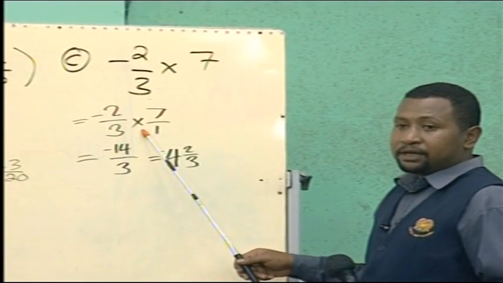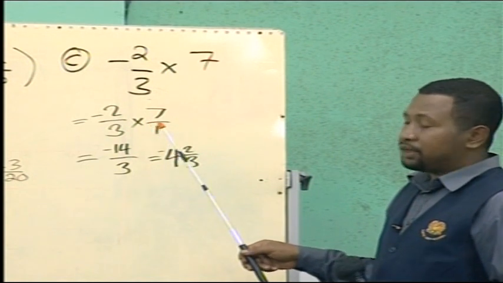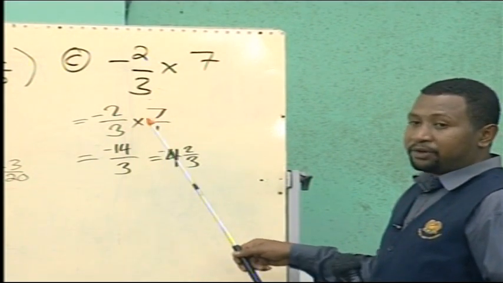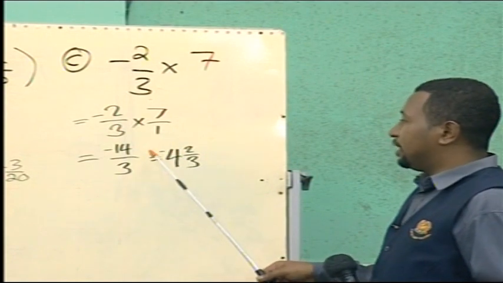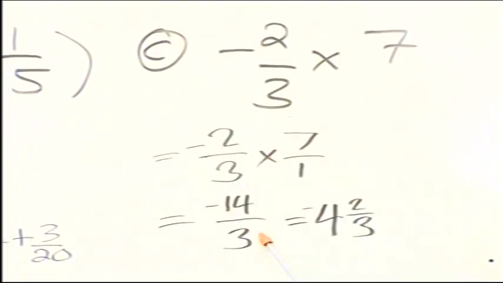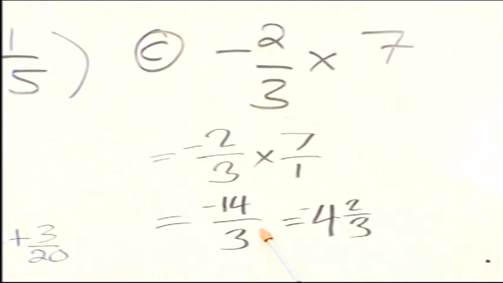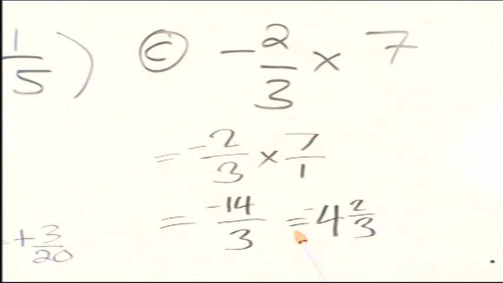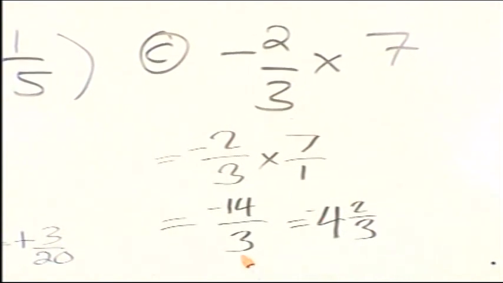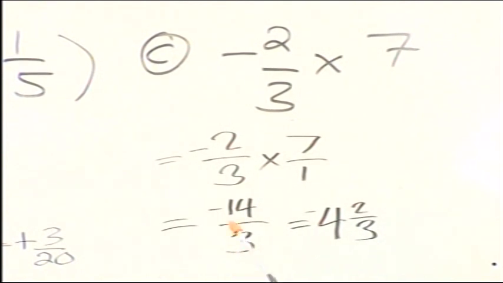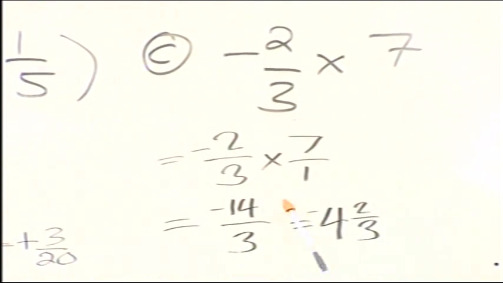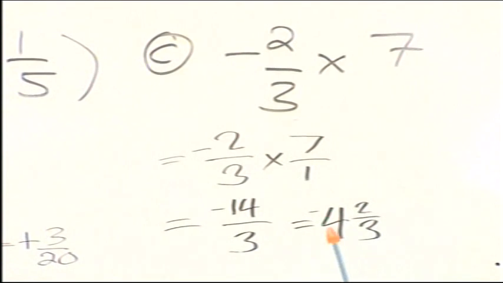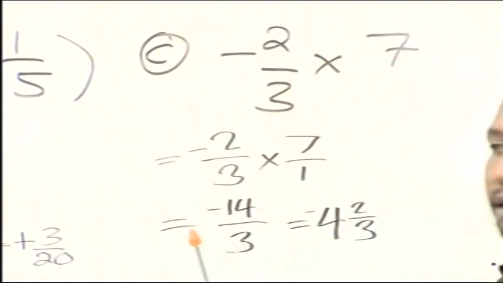And he said there's no numbers that he can simplify, so he straight away multiplied the numerators and the denominators, and then he came to his answer here, and this fraction is known as a what? Improper fraction. So he has to write down a proper fraction by dividing the denominator 3 into the numerator 14, and then he got his answer negative 4 and 2/3. Thank you. Let's give him 2 big claps, Emmanuel.